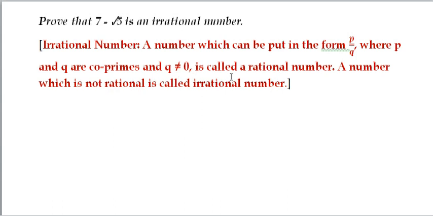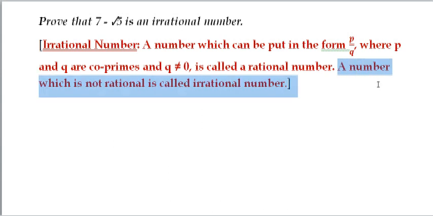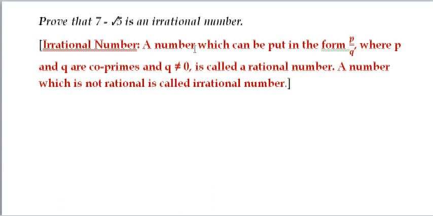A number which can be put in the form p by q, where p and q are co-primes and q is not equal to 0, is called a rational number. And a number which is not rational is called an irrational number.